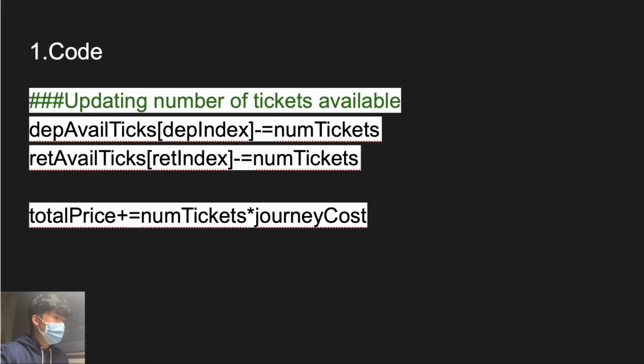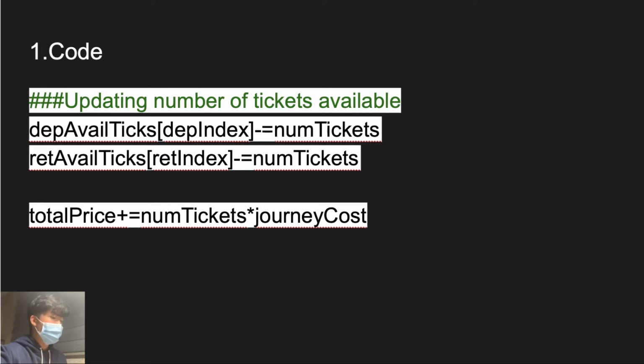Using the index value stored previously, you find the number of tickets available for that specific time in the array, and you subtract the number of tickets that the user wants to buy. The new available number of tickets will be the original number of tickets minus the number of tickets that the user wants to buy. And you would do the same for the return time, updating the available tickets for that return time.